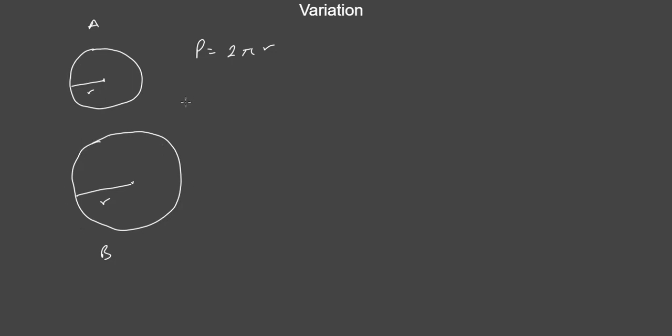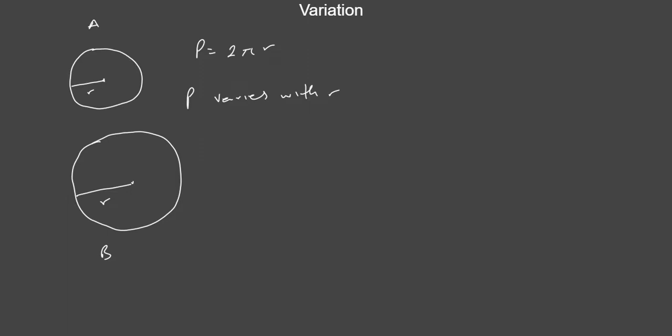So what we can say is that the perimeter of any circle varies with respect to the radius. In other words, the perimeter of a circle is not fixed. The actual value of that perimeter is determined by the radius of the circle. So the bigger the radius, the bigger the perimeter; the smaller the radius, the smaller the distance around the circle.